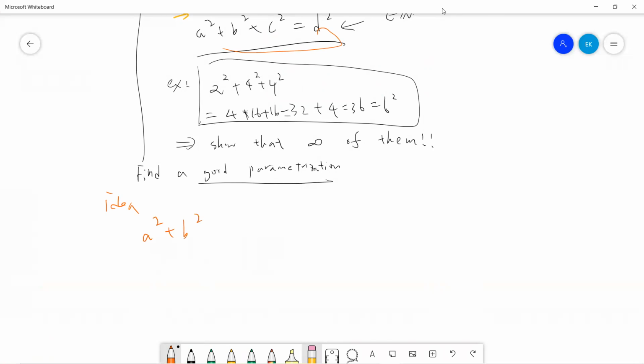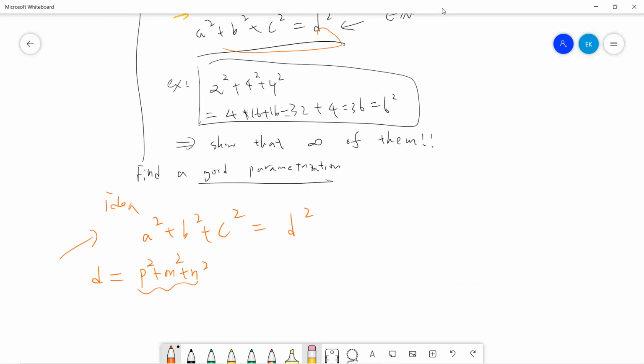So if somebody gives you a, then I would guess, from the Pythagorean triple, that maybe I can choose d to be p squared plus m squared plus n squared. Why? Because I copied from the Pythagorean triple.